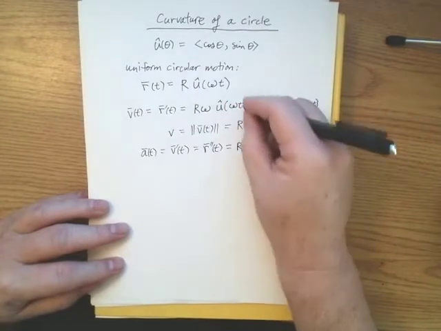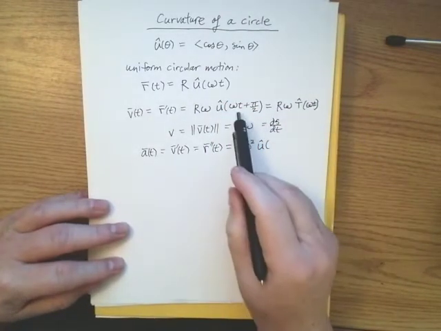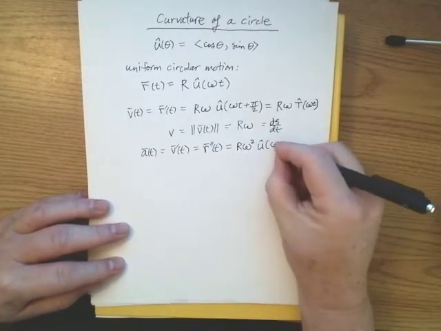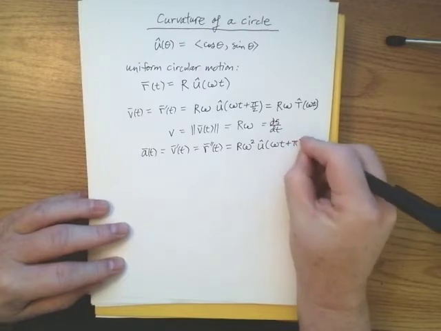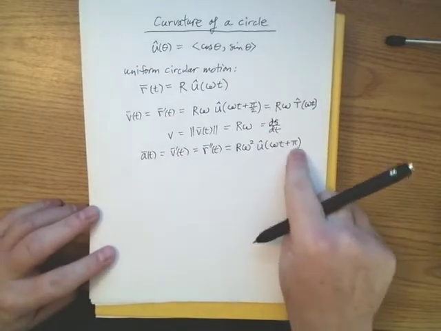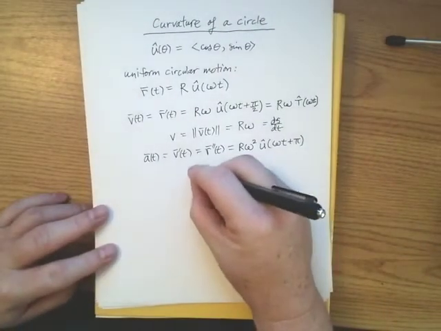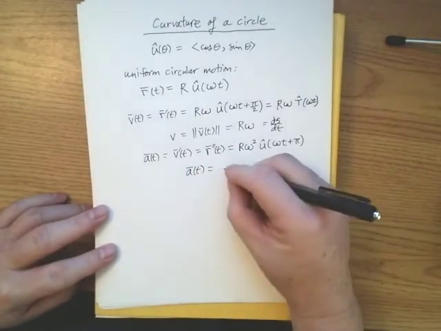When I differentiate this thing, just like previously, I will end up adding a pi over 2 to that quantity inside the parentheses. So I would end up with pi over 2 plus pi over 2, which is pi. And now if I substitute that back in here and compare it to the original, that ends up being oppositely directed to the previous one.